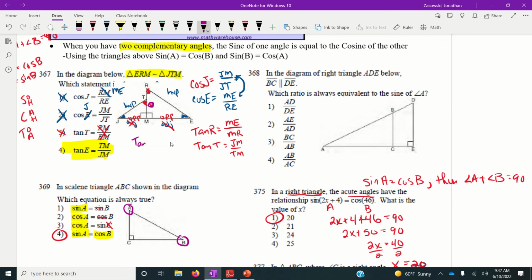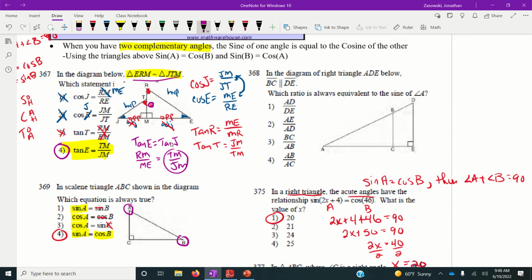So the tangent of E is equal to the tangent of J, and the tangent of E is RM over ME, and the tangent of J is equal to opposite over adjacent, TM over JM. And since these two things are equal, this ratio is also equivalent to this, we would want to pick choice 4.